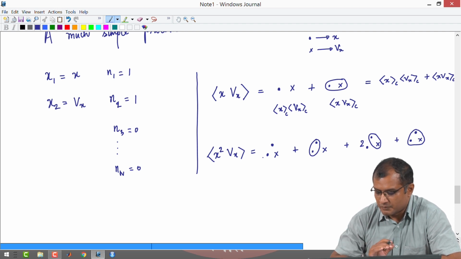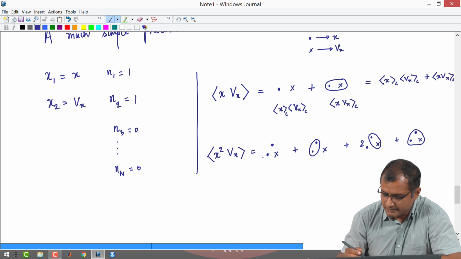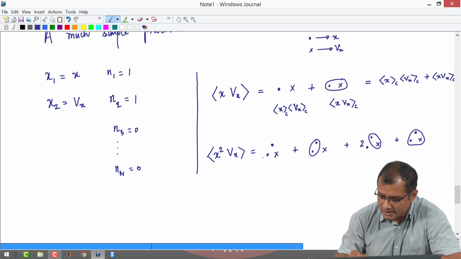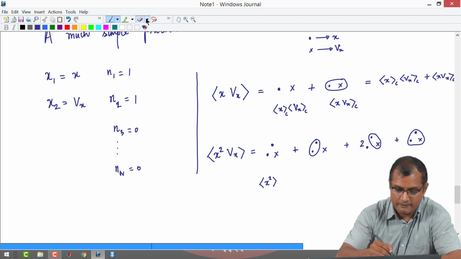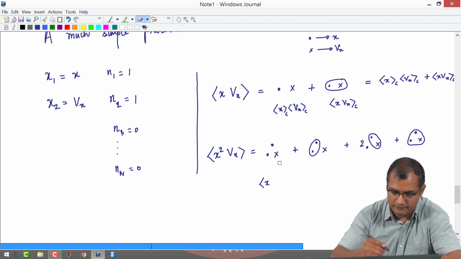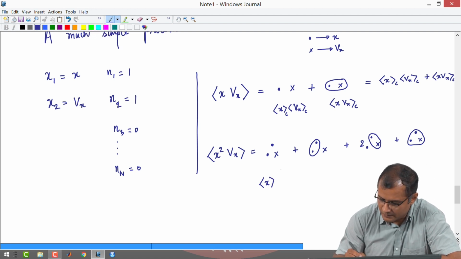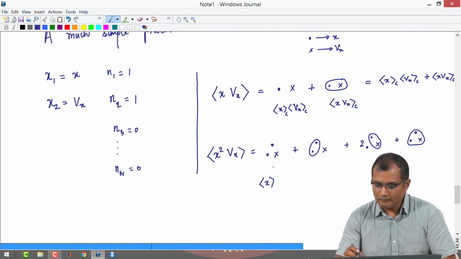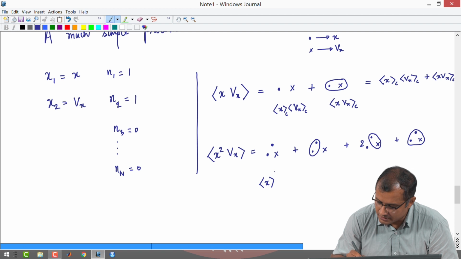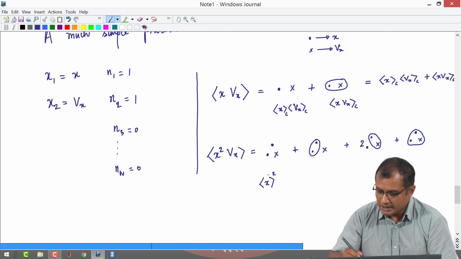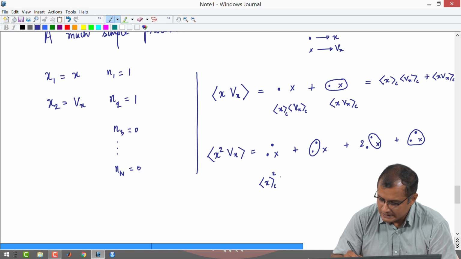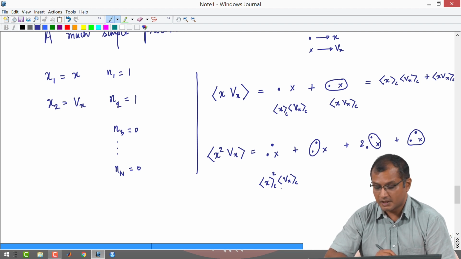No more cases. When you connect all of them, that closes the full set of possible combinations, and let's now write them down. Two disconnected dots is nothing but x squared, which is the square of the first moment, and I know that the moment itself is a cumulant. Writing down for the cross, you just have the first cumulant of the velocity.